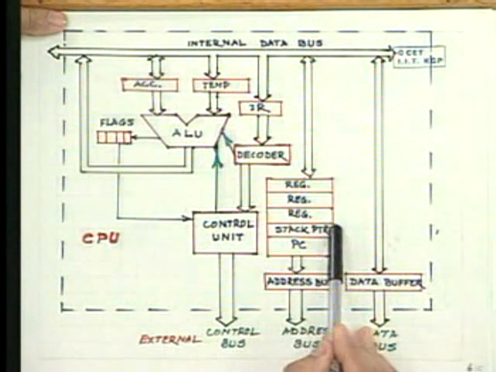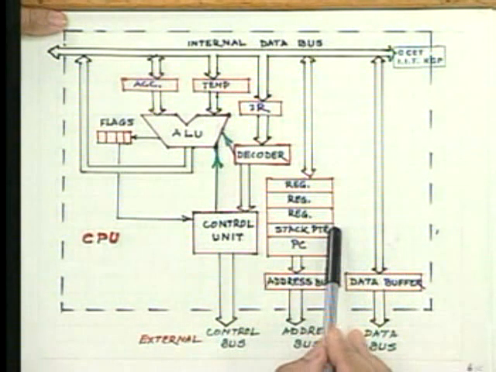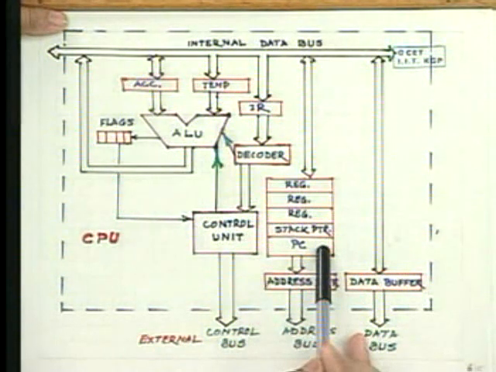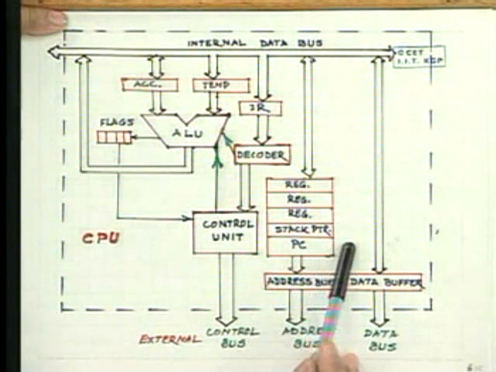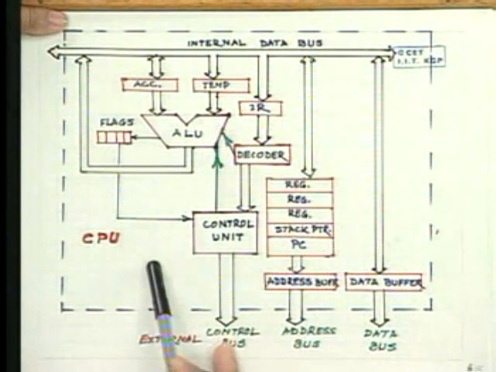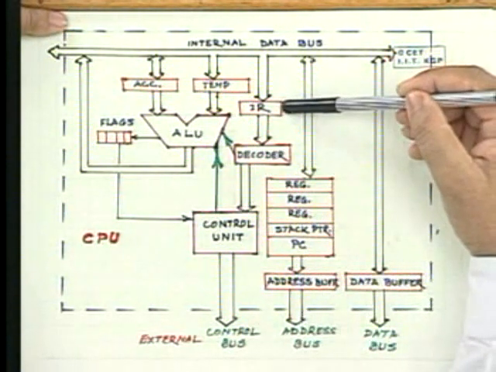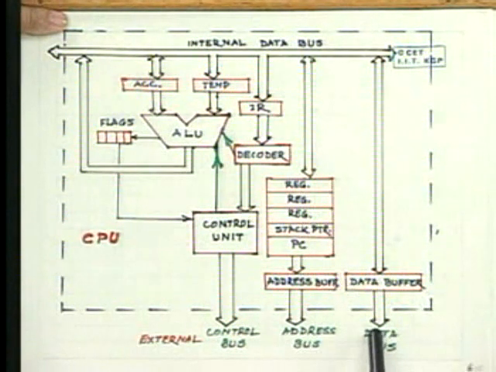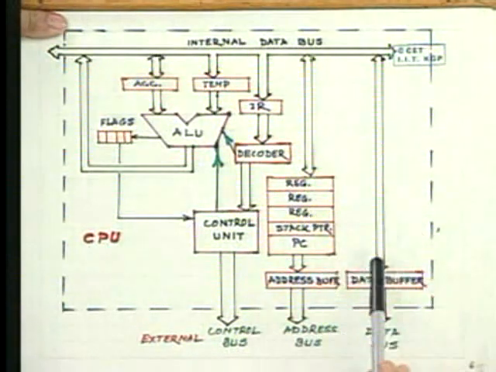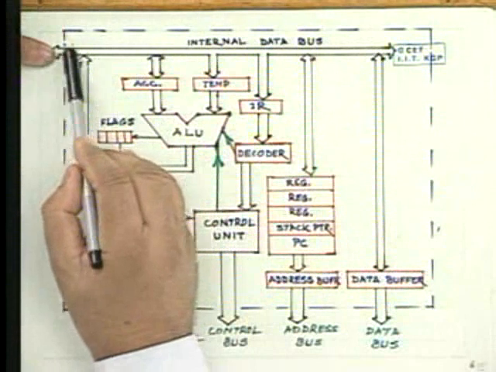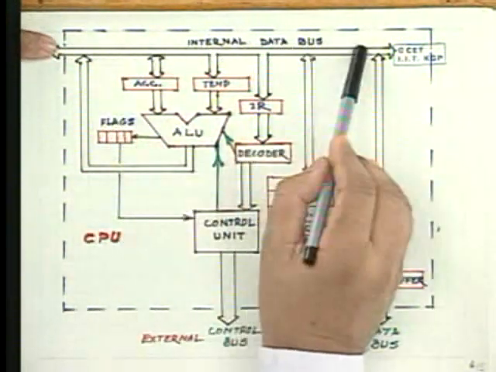Here is a stack pointer, which has a special significance, as we'll see, and the program counter that I was talking of also has a special significance. Some or part of it I have already discussed. Now, here is the instruction register, where an instruction, when it is fetched, comes through this line into what we call an internal data bus.